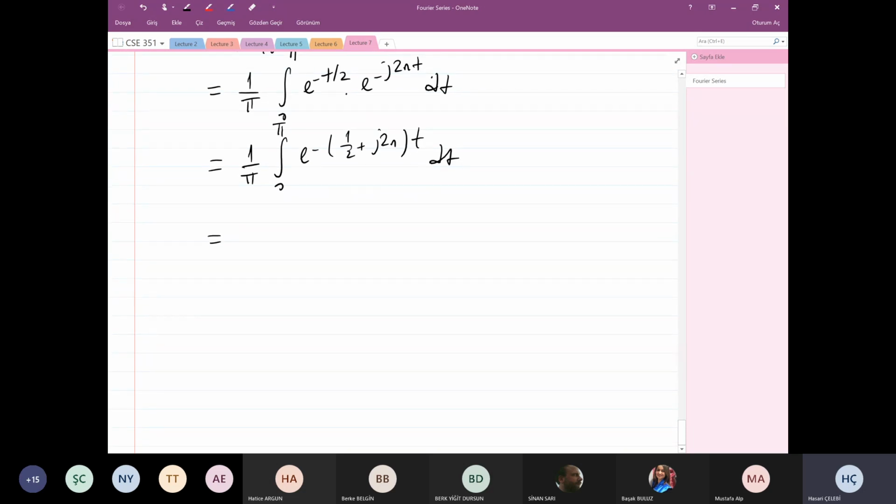So if we solve this integration, it's going to be 1 over pi times minus 1 over (1/2 plus j2n) times exponential of minus (1/2 plus j2n) t from 0 to pi.